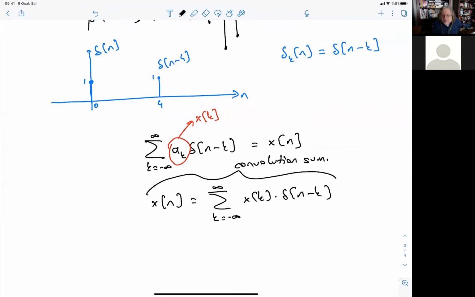It's not convolution, it's convolution sum, or you may think of it like the convolution of x of n and delta of n. I'm convolving with an impulse which will give me the same thing.